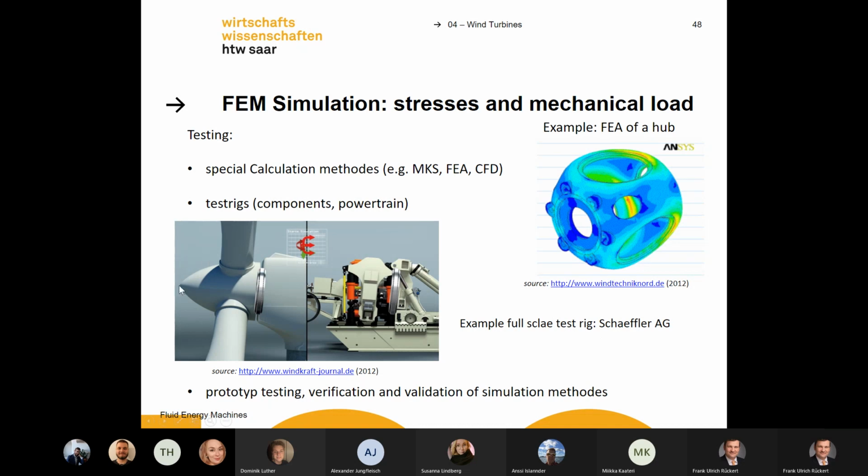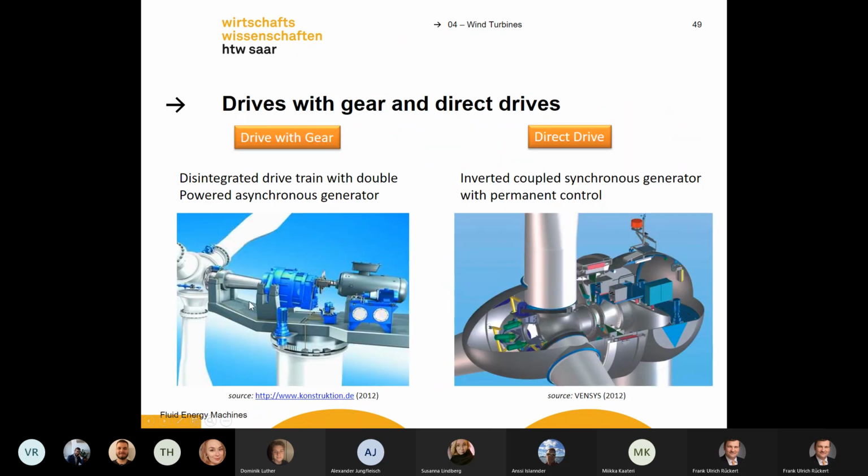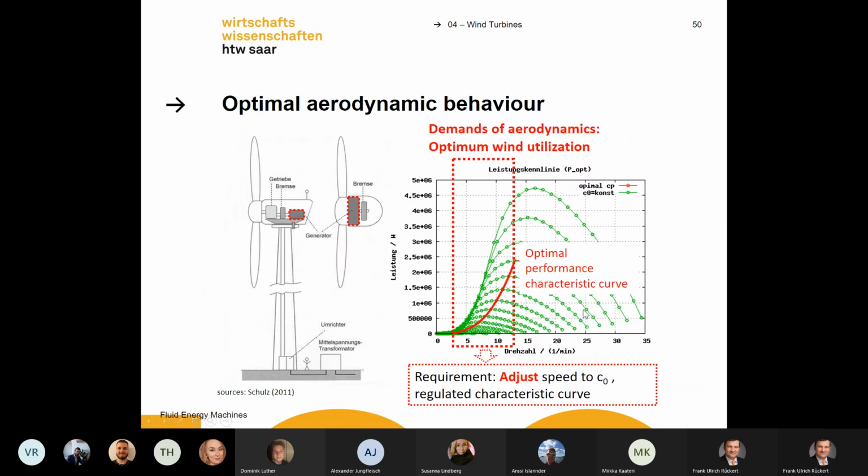If you want to calculate any frictions or tensions inside these metal parts, you need finite element simulation. Here again, you can have a gear inside. Here you see the gear, but that's more an older construction. If you have a look at modern designs, they are gearless, more simple, and much better to use. It's a direct drive.